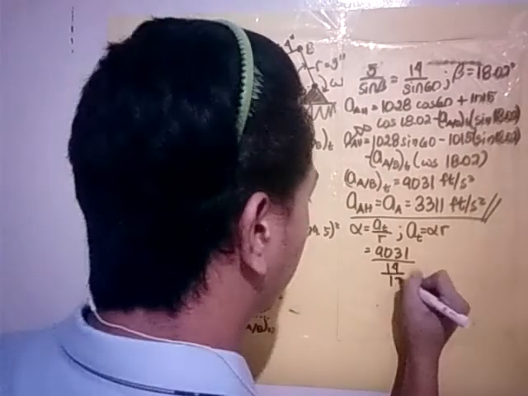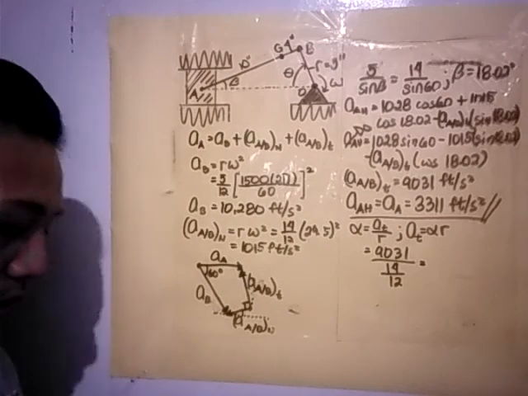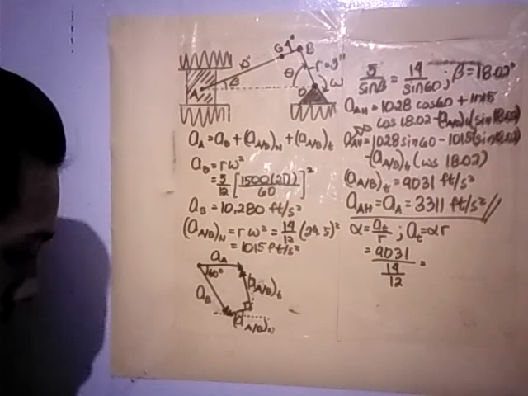Divide ko siya sa 12 para maging feet siya. So, makukuha natin is 90.31 times 12 divided by 14.